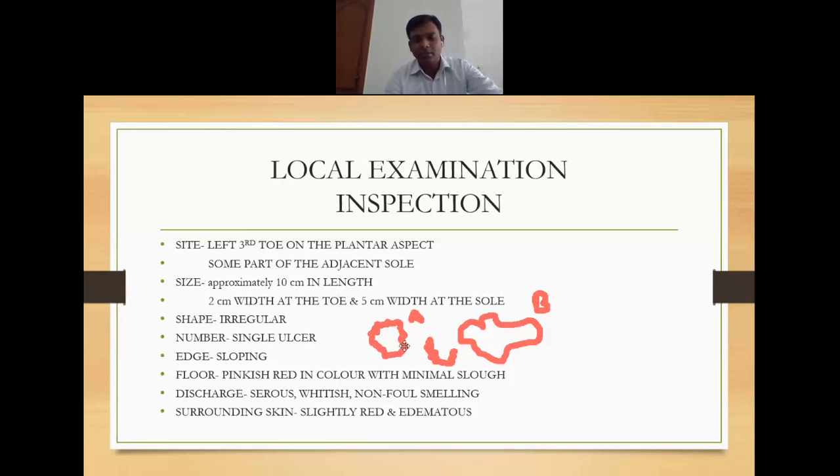So what is the importance? If I tell an ulcer with an irregular margin and an irregular ulcer, which one will draw your attention more? An irregular margin ulcer is more towards malignancy, malignant ulcer.